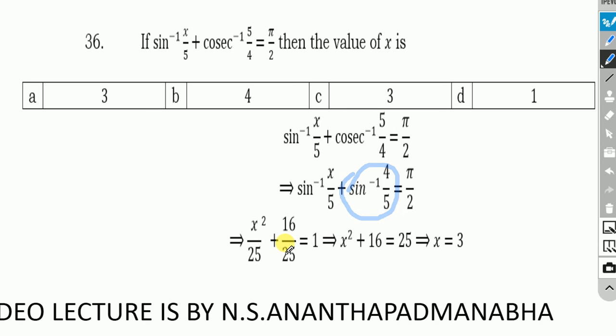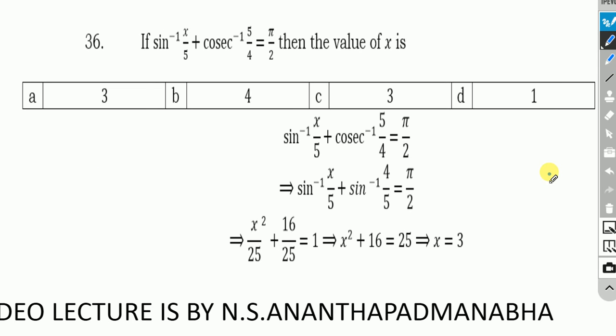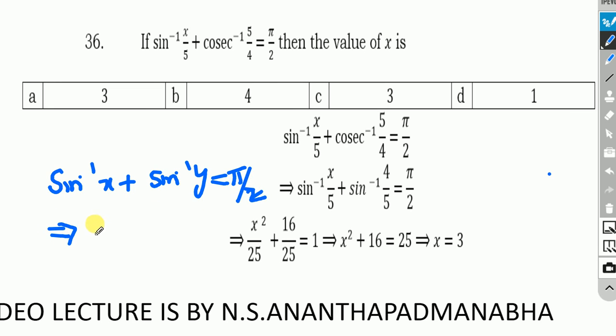We know that sin inverse of x plus sin inverse of y is equal to pi by 2 implies x square plus y square is equal to 1.